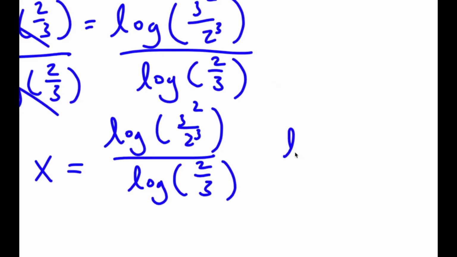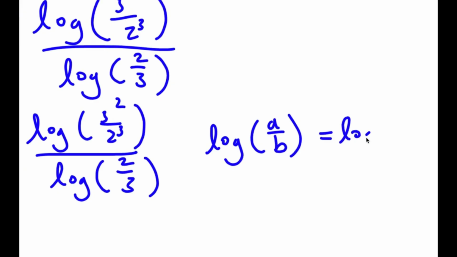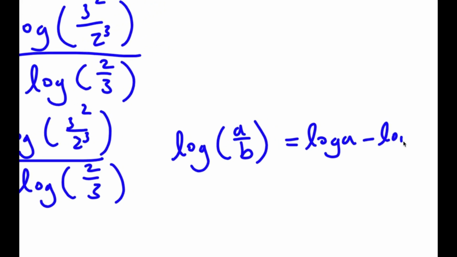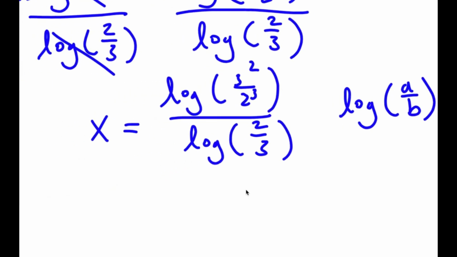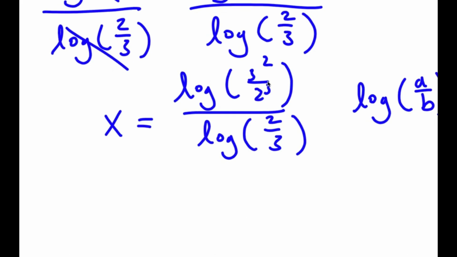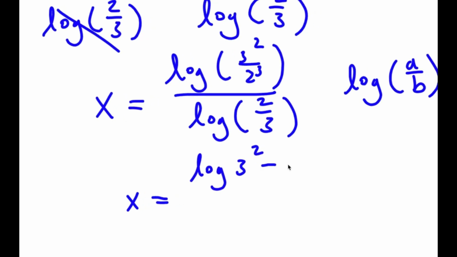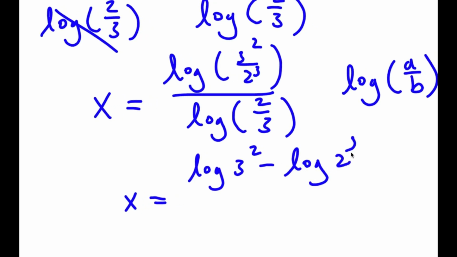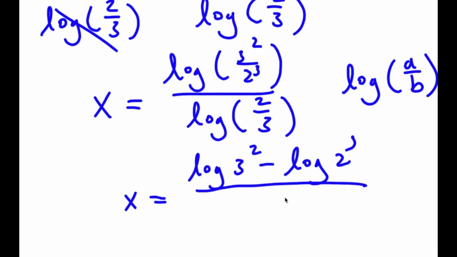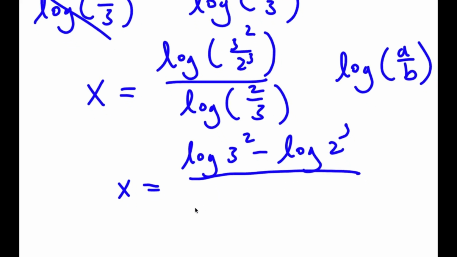Now if I have something in the form log a over b, this is equal to log a minus log b. So for log 3 squared over 2 to the power of 3, this will equal log 3 squared minus log 2 to the power of 3. And for log 2 over 3, it's going to equal log 2 minus log 3.